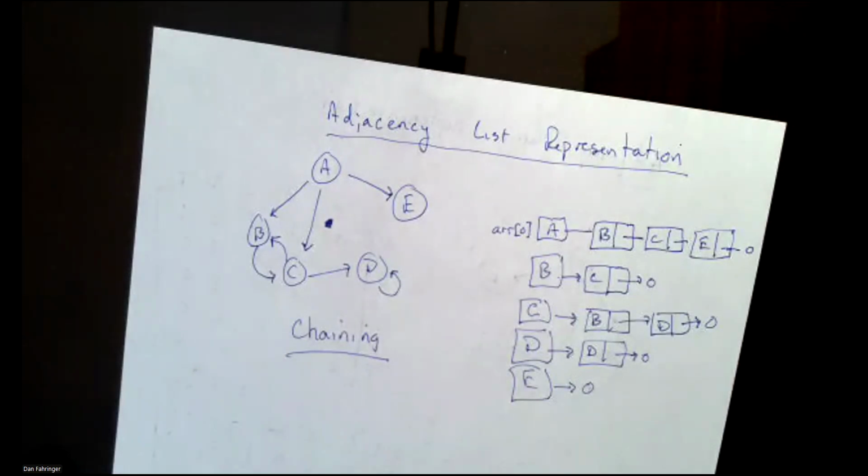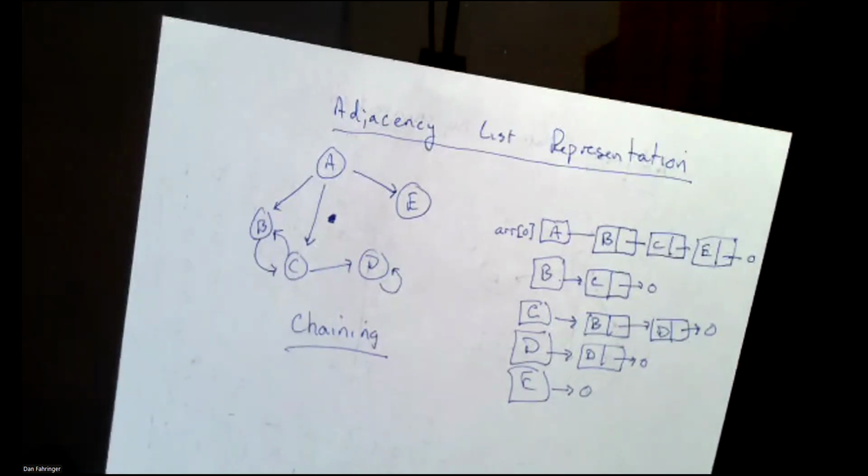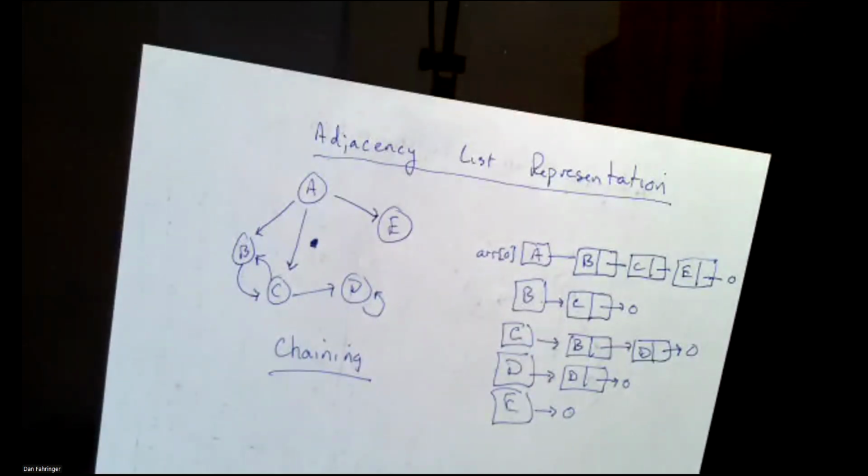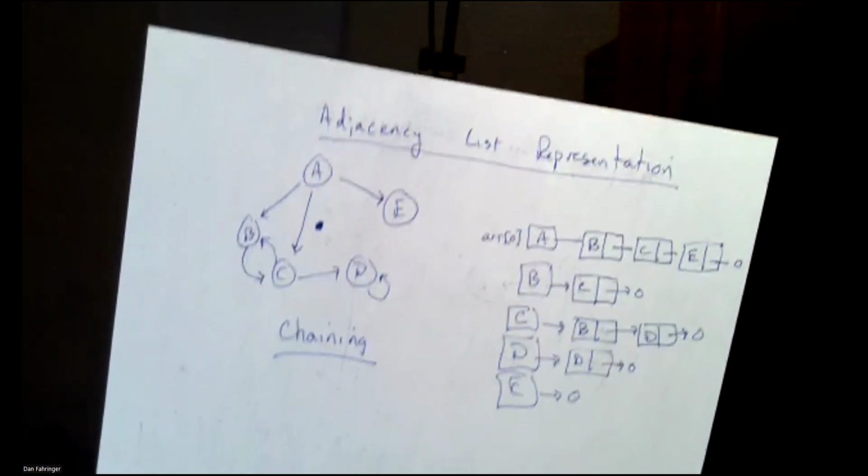Directed graphs, digraphs. All right, so we're going to take a look at a digraph. We can get by here. So we're going to take a look at this graph.